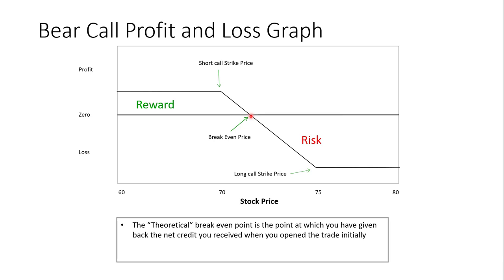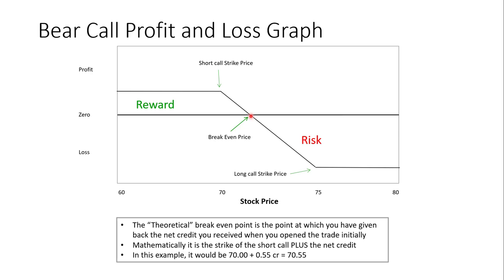Once again, the theoretical break-even point is the point at which you've given back all of your credit in the trade, and it is mathematically the strike of the short call, 70, plus the net credit. Let's say in this case it's 55 cents. So at $70.55, I have no profit, I have no loss in the trade.